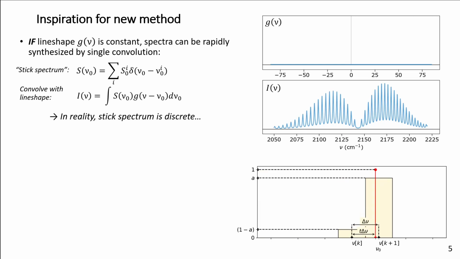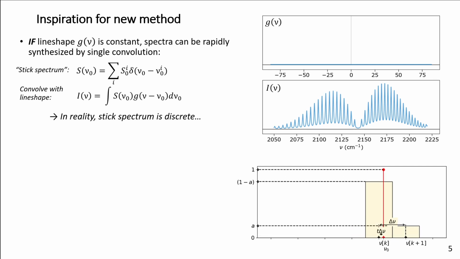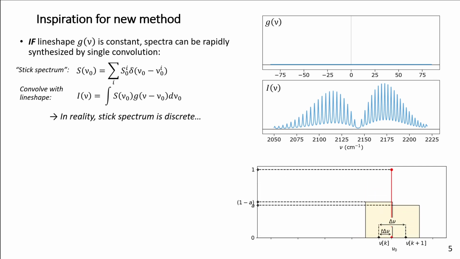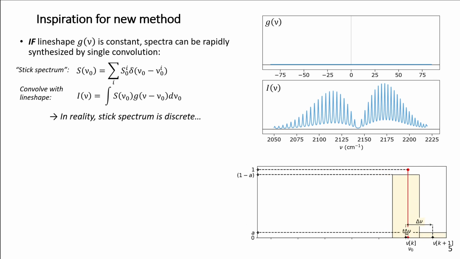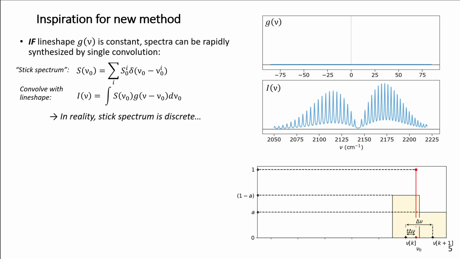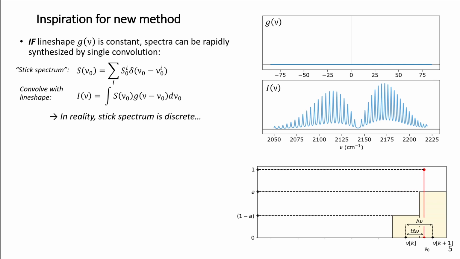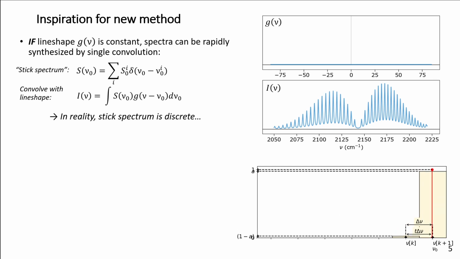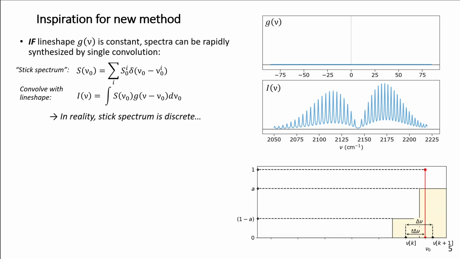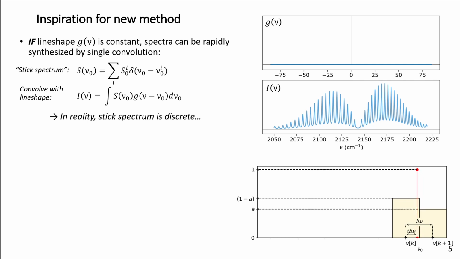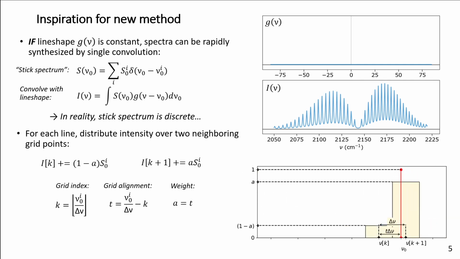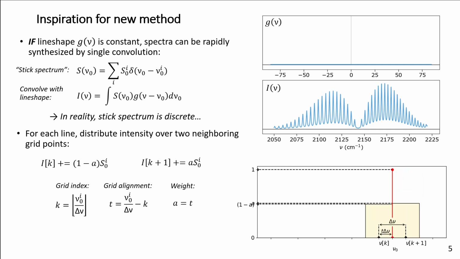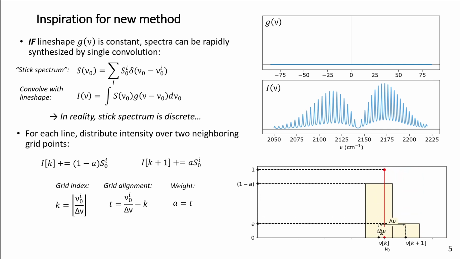We can see this problem in the animation on the bottom right, where the red line represents an exact delta peak with some position u0, and that has to be somehow added to the discrete grid, which is indicated by the yellow bars. First, we find the grid index k of the grid point immediately to the left of the peak.